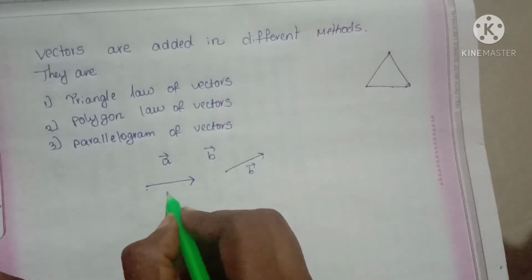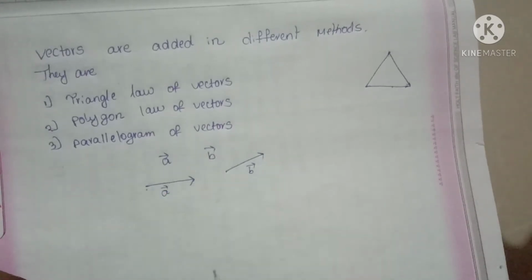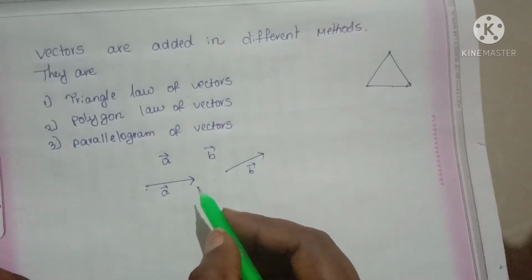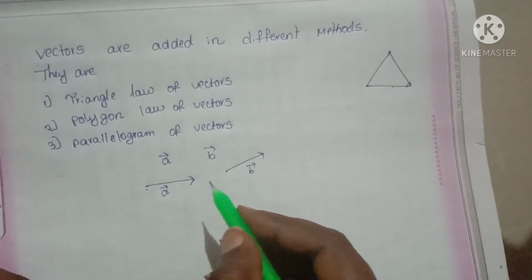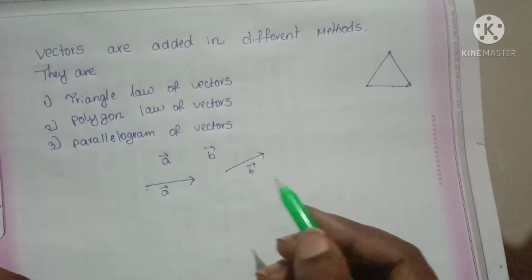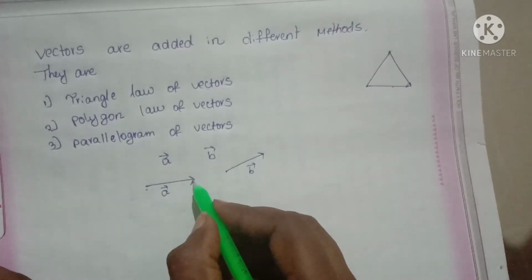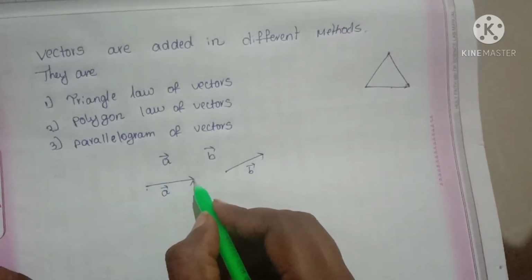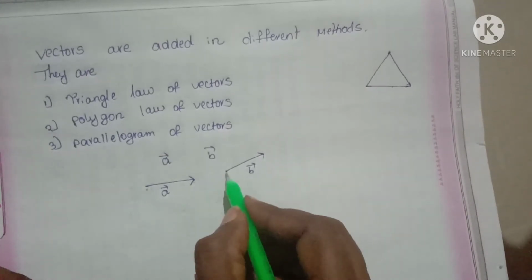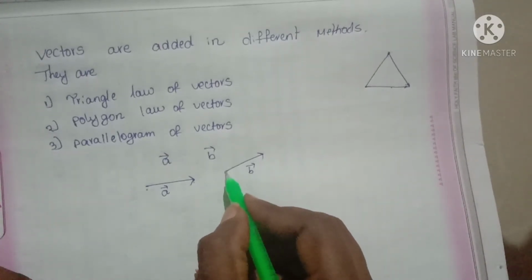So the first step is that the terminal point, or head, of one vector coincides with the origin, or tail, of the second vector.